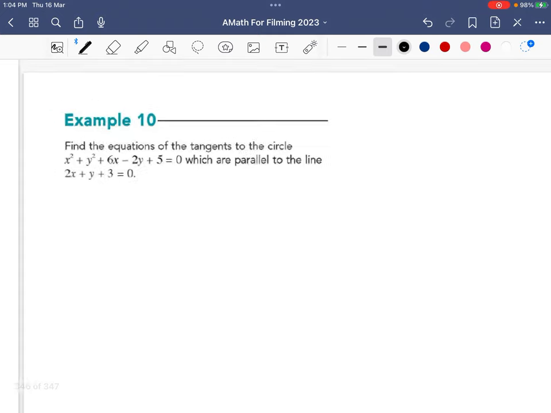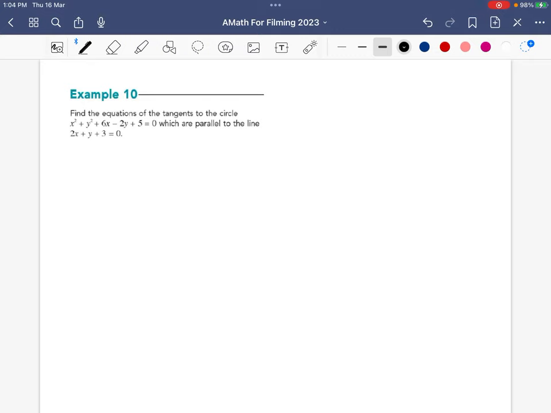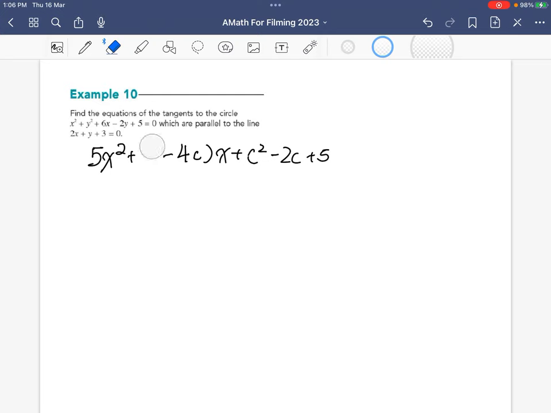If you collect all the terms together and rearrange them, what you'll get is 5x squared plus (10 minus 4c)x plus c squared minus 2c plus 5 equals to 0. Notice that I formed a quadratic equation whereby the coefficient of x squared is 5, the coefficient of x is 10 minus 4c, and the constant term is c squared minus 2c plus 5.